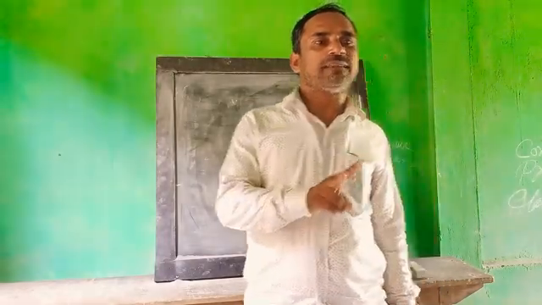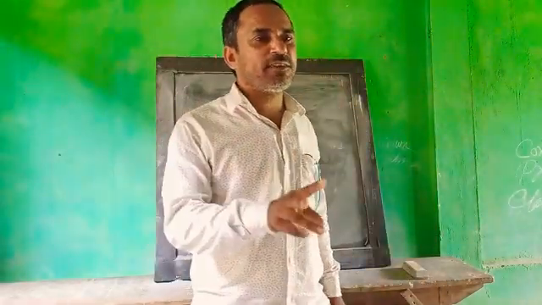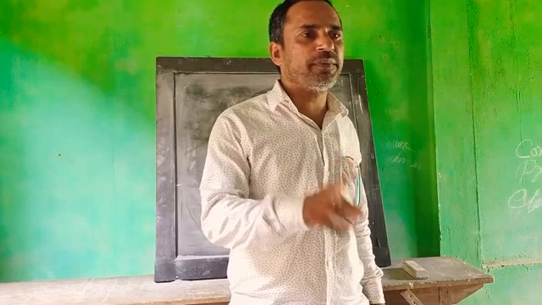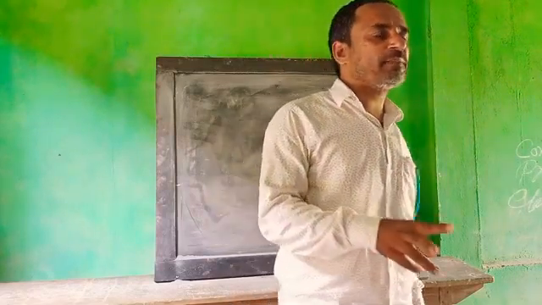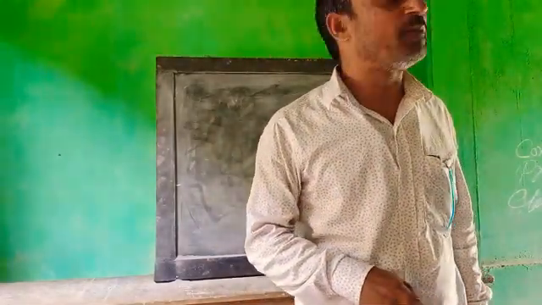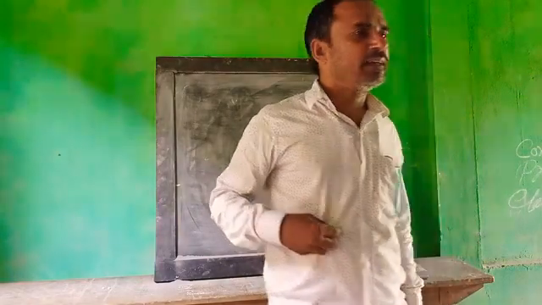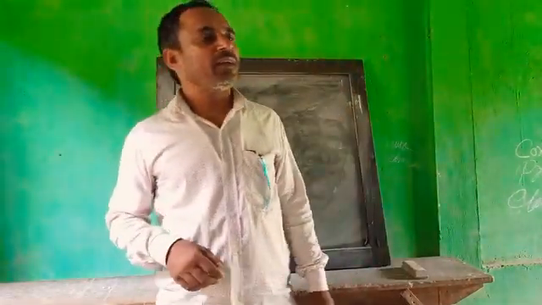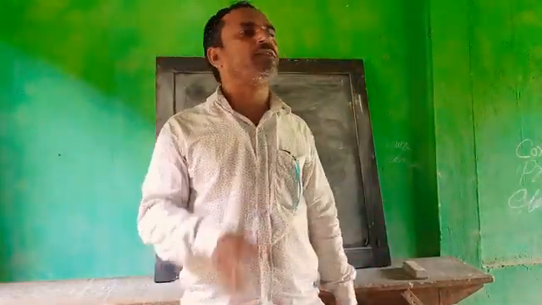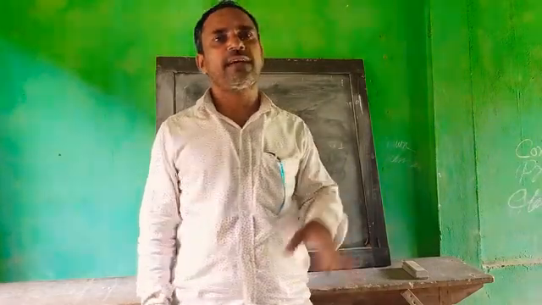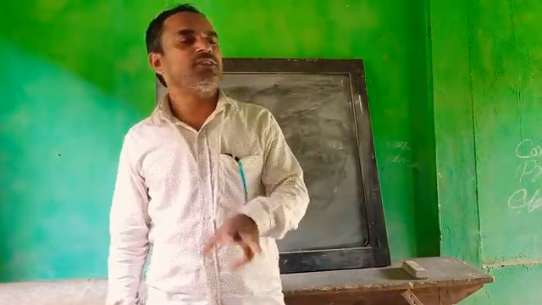Here is one puzzle for the students: the president of the drafting committee was Dr. B.R. Ambedkar, but the president of the Constituent Assembly was Dr. Rajendra Prasad.